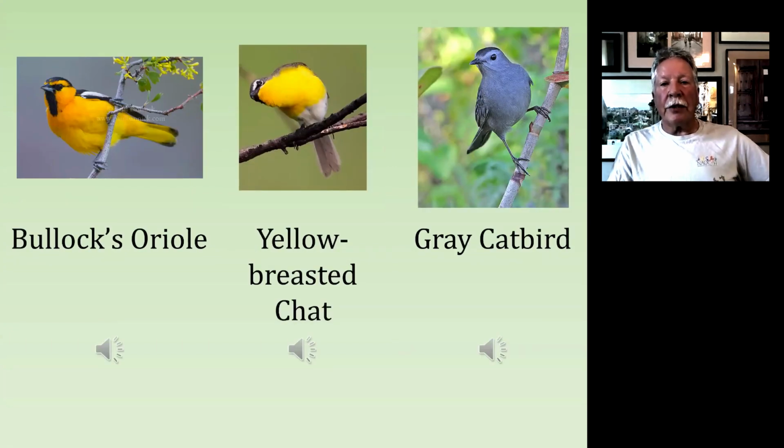Some of the most complex singers are on this page right here, especially the chat and the catbird, which are, well, we'll play them. They go on and on and on. But Bullock's Orioles have some tricky sounds too. And if, for example, the chat or the catbird are not singing a full, long, rambling song, and they're just doing some bits, some of those bits can sound a lot like a Bullock's Oriole. We'll start with Bullock's.